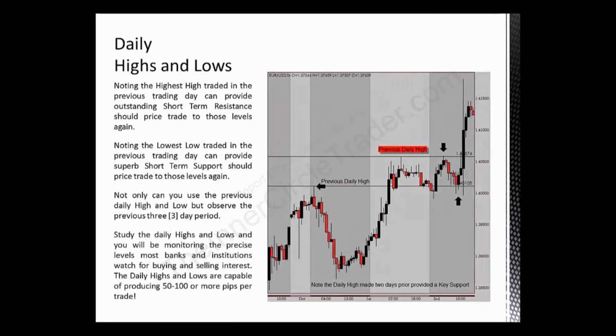All right, now the daily highs and lows, obviously you can still reference that if you are a part-time trader or one that is unable to be in front of the charts every single day. But previous day's highs and lows are really the wonderful setups that day traders can use, because the banks are looking at these levels, and I like to look at at least 3 days' worth of data.